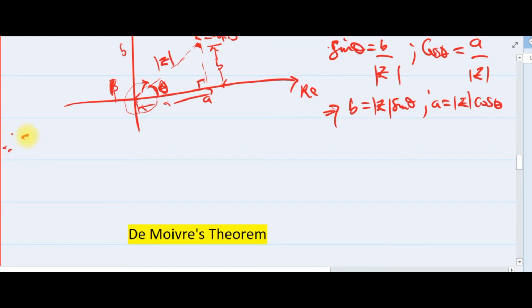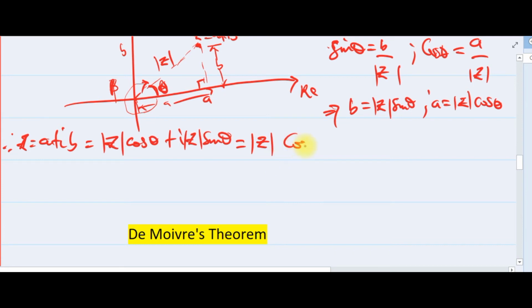Therefore z, which is a plus ib, is z bar cos theta plus i z bar sine theta. And what do you notice? They have z bar in common. Bringing it out, we have z bar times cos theta plus i sine theta. So this is now our polar form.